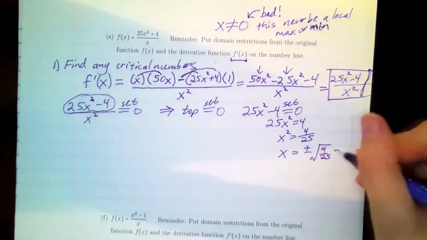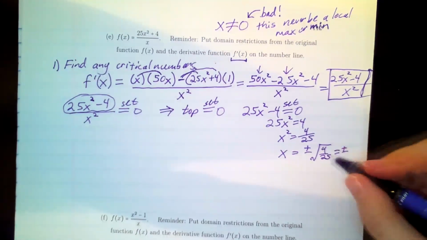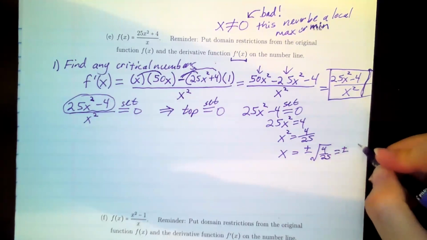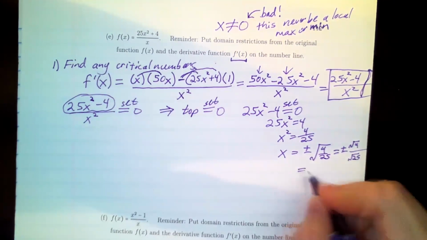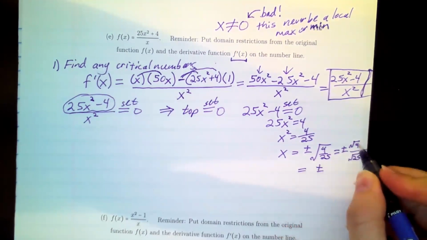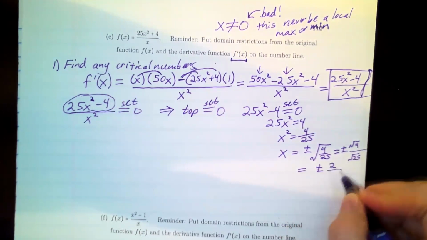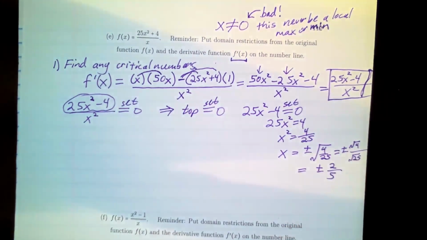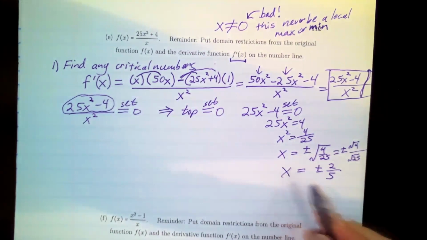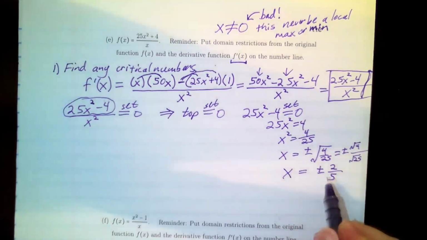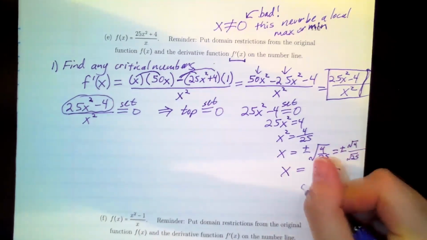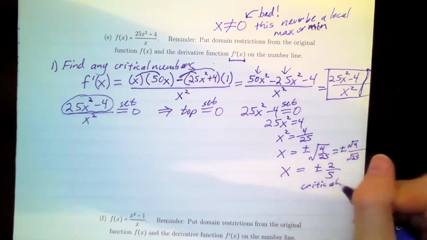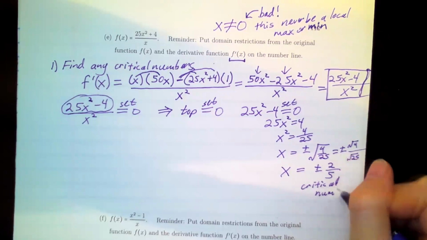Now the nice thing about square roots is that the square root does kind of distribute to the top, so that becomes the square root of 4 over the square root of 25. So I get plus or minus 2 over 5. I've got two critical numbers. x is positive 2/5 and negative 2/5. So these are the critical numbers I get by taking the derivative and setting it equal to 0.